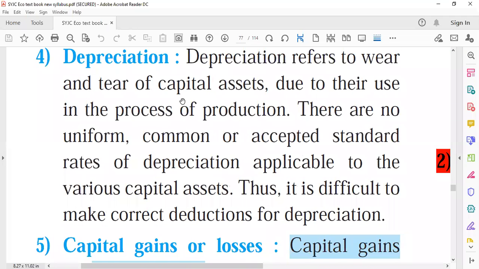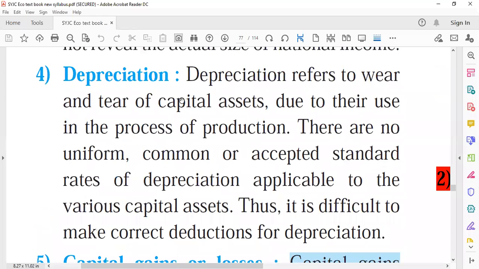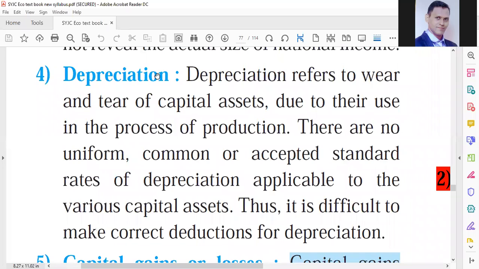Another problem that we are facing here is the calculation of depreciation cost. While calculating the national income, we have to deduct the value of depreciation to get the exact value of national income. What is depreciation?